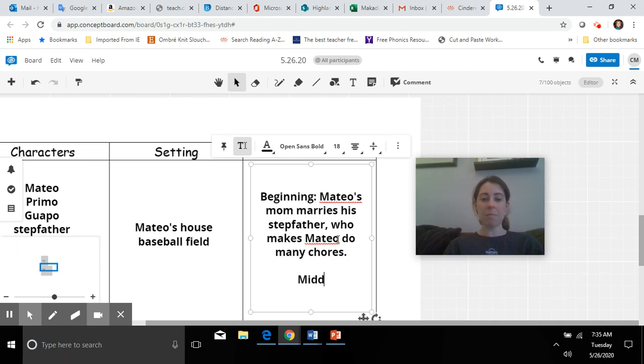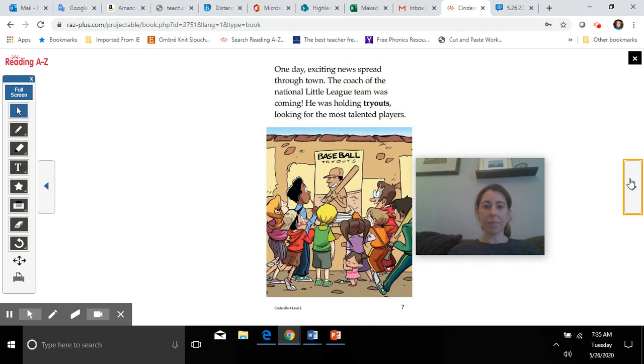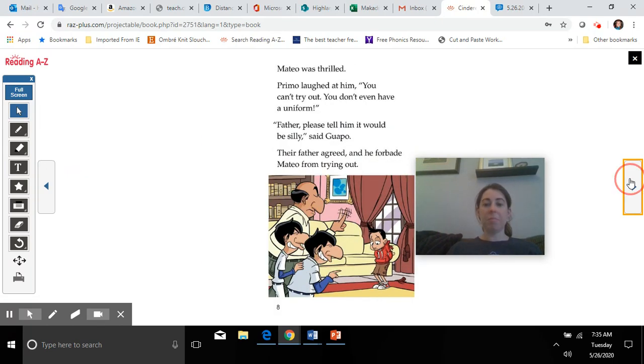What happened in the middle of the story? Good. Mateo wants to try out for the baseball team, but his stepfather says no. Okay.